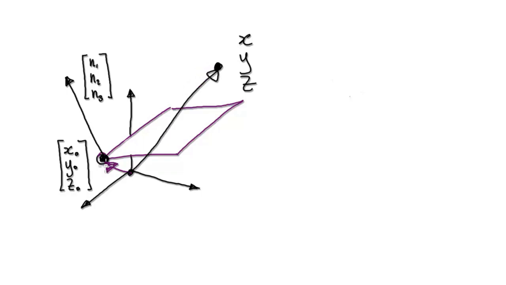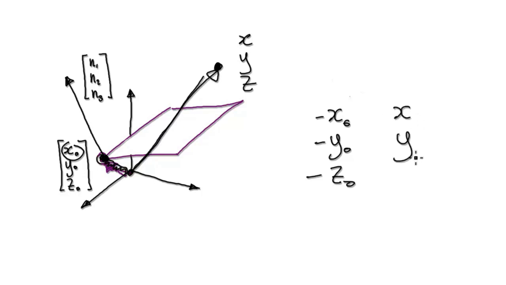If you're an ant, you have to walk backwards. Starting from here, you have to walk backwards. So that would be minus this thing here. It would be minus x0, minus y0, and minus z0. So you walk backwards, and then from here you can move to x, y, and z.